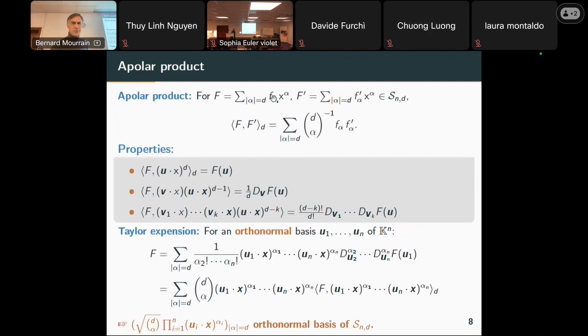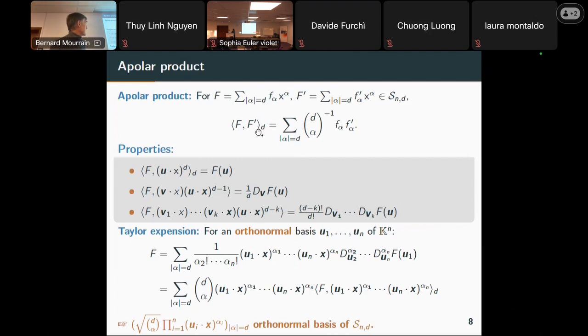We have coefficients f_alpha, where alpha is a multi-index alpha_1 to alpha_n, the sum of the alphas is d, so x^alpha is x_1^alpha_1 to x_n^alpha_n. We have these two homogeneous polynomials living in S_d.